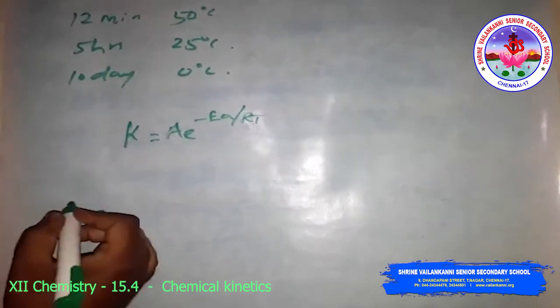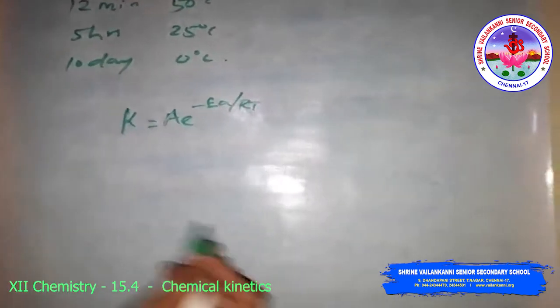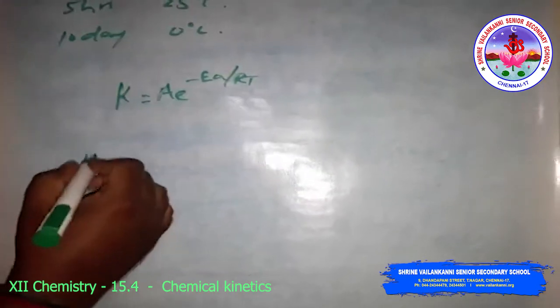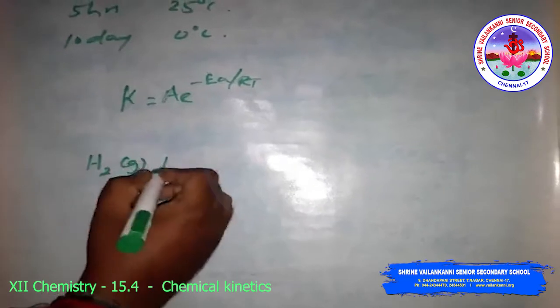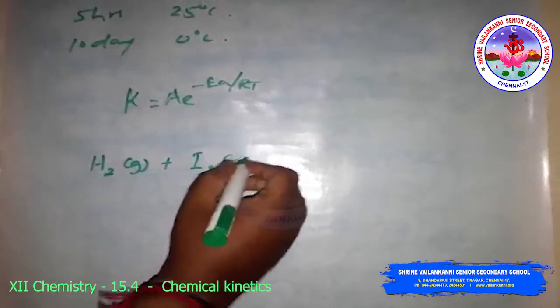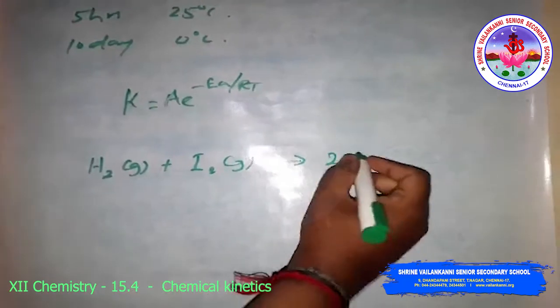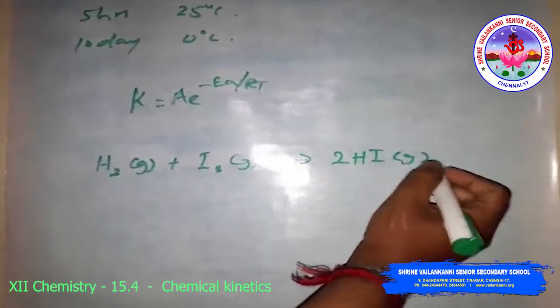example like hydrogen reacting with iodine to form hydrogen iodide. Hydrogen gas reacts with iodine gas to form hydrogen iodide gas.